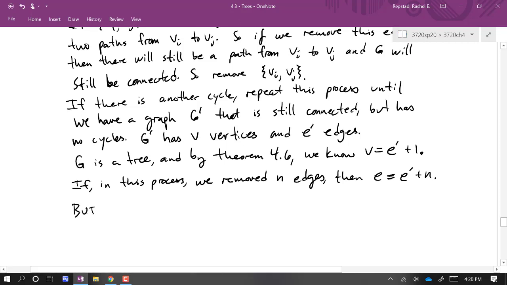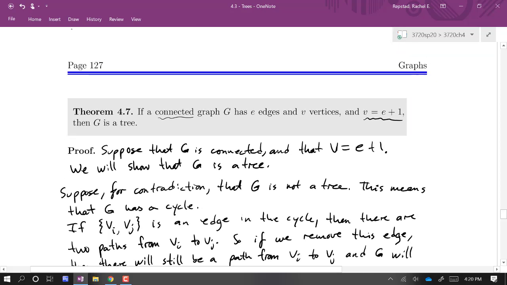But this is really important here. I'm going to go back to part of our supposition. We suppose that G is connected and that V is equal to E plus 1. So this is the part I want to draw your attention to here. This is a part of our supposition.